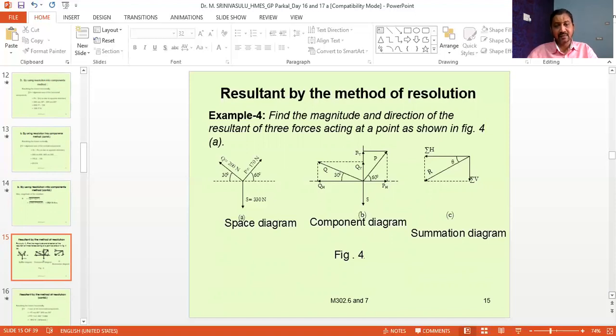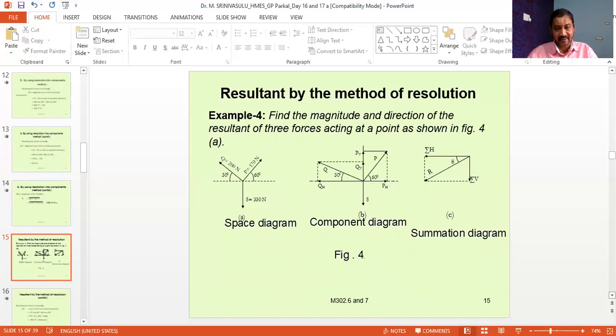And the third force S is equal to 330 newtons, acting vertically downwards. This is the given force system, and we are supposed to find both the magnitude and direction of the resultant.